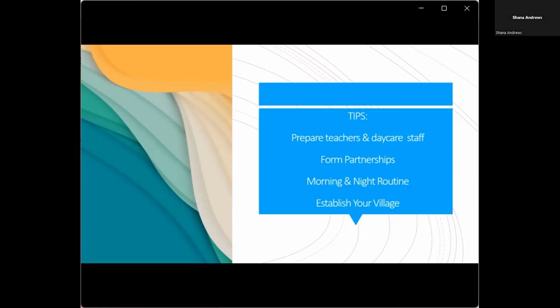Establishing a morning and night routine. This is one of my favorites because I am a stickler for routines. I have to have a routine or my day feels very thrown off. So establishing a morning and night routine is helpful when navigating your daily tasks. It provides a peace of mind knowing you and your child can prepare and take control of your day.